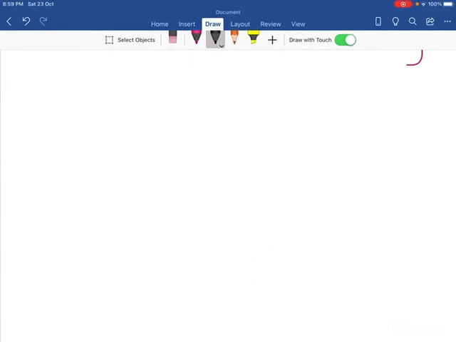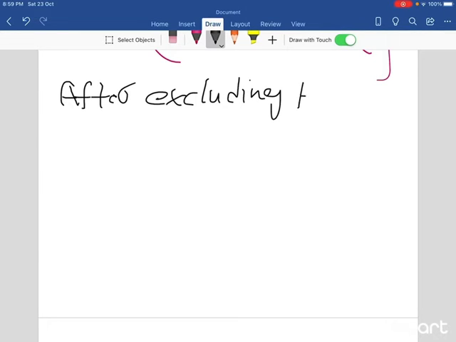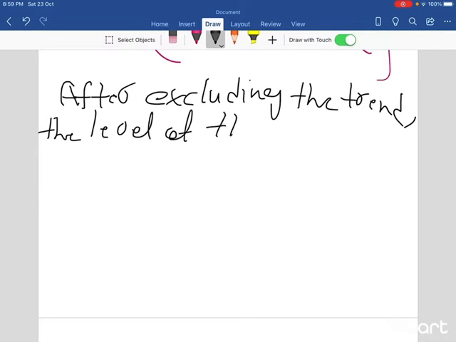Okay, you will write for M8 first. After excluding the trend, the level of the time series in August.